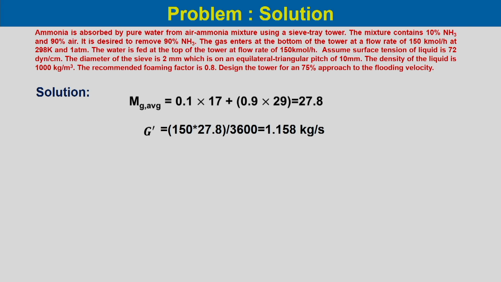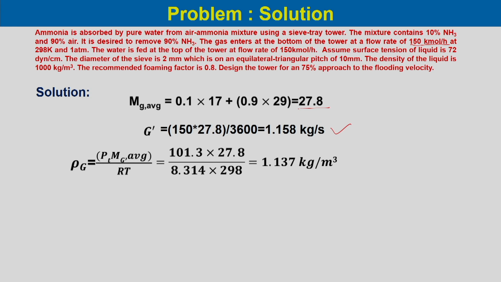Now, G dash, the gas flow rate, is given as 150 kilomole per hour. So, we can calculate it in terms of kg per second. G dash would be 150 into the average molecular weight 27.8 divided by 3600 seconds. So, it would be 1.158 kg per second.